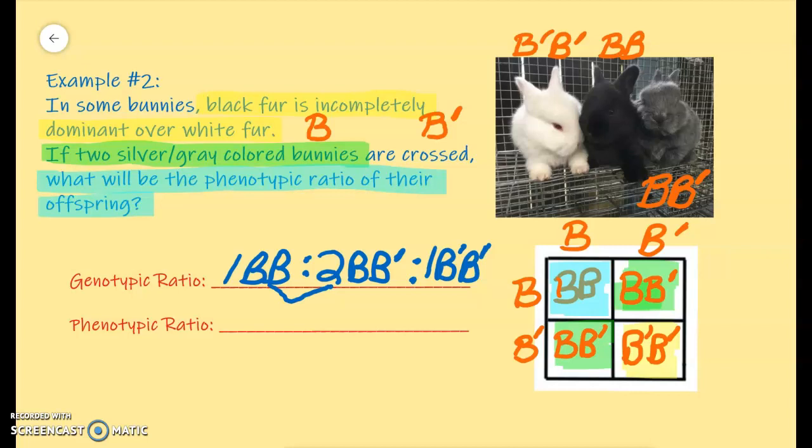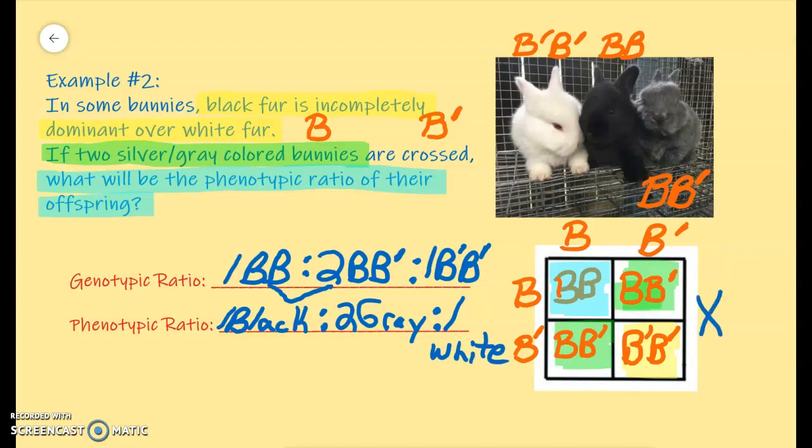So our phenotypic ratio now for the correct answer is going to be one individual who is black, the two individuals who will be gray or silver, to one individual, and I'm running out of space already right here, who is going to be white. So I actually have a 1 to 2 to 1 ratio based on what you can see over here, how I highlighted and color-coded the different genotype possibilities.